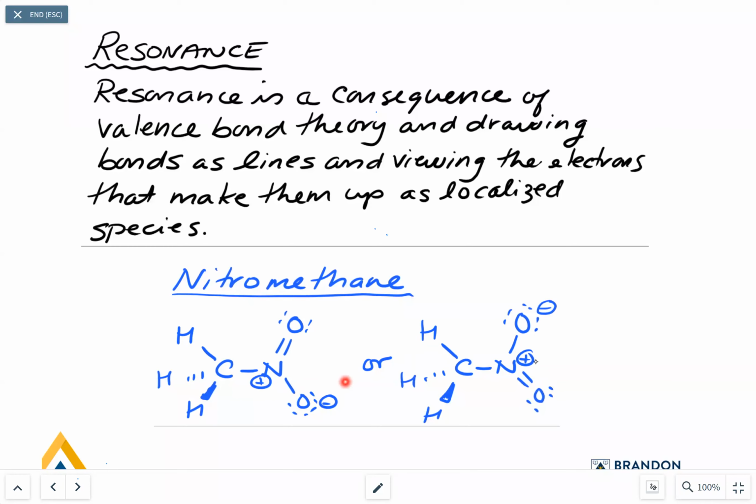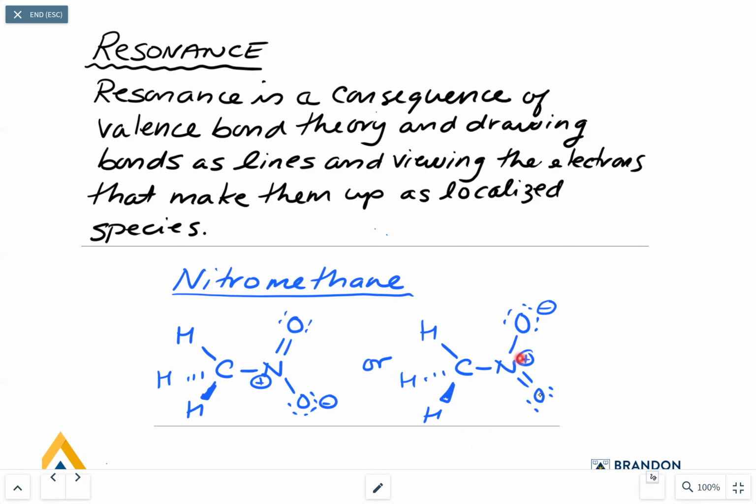So this isn't the true structure of nitromethane, and this isn't the true structure of nitromethane. It's actually a combination of the 2, but we can't draw it because each bond is supposed to represent 2 electrons. And really, what we've got here is that this bond would actually be 1.5, and this bond should be 1.5.